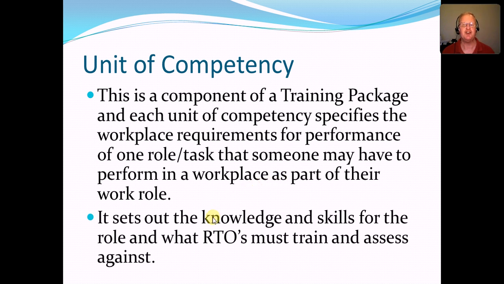It also sets out the knowledge and skills for the role and what RTOs must train and assess against. What I want to say to you is the unit of competency is a very important document that you'll become familiar with as you move through the course.